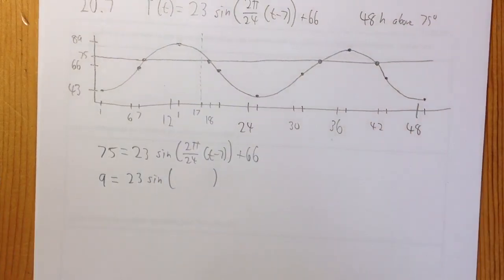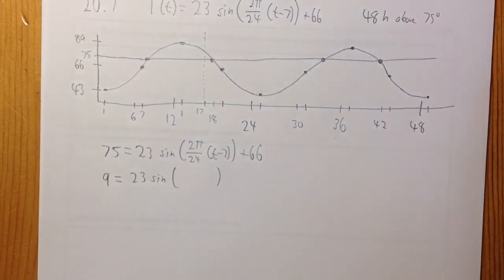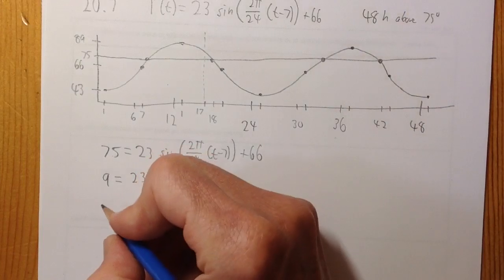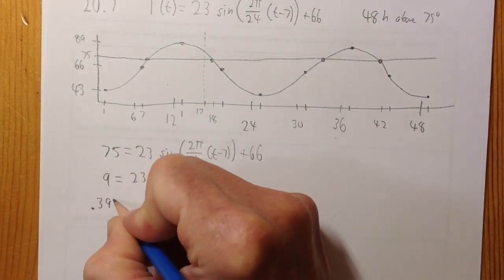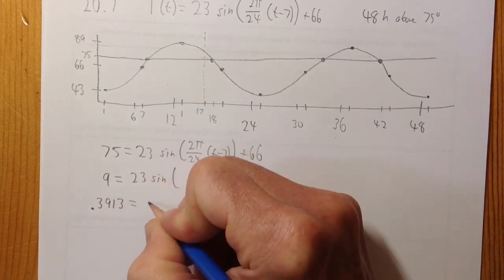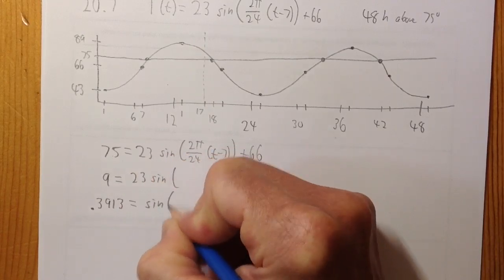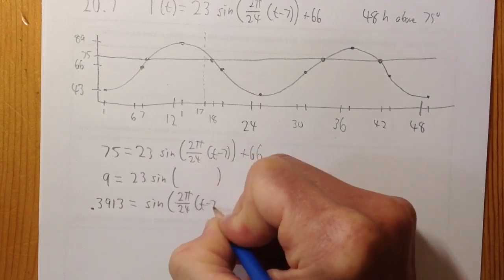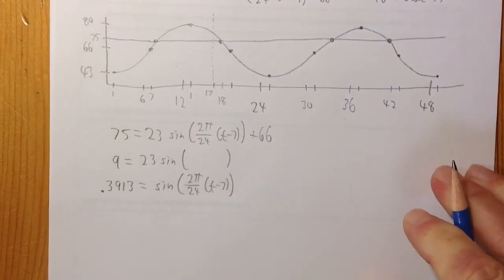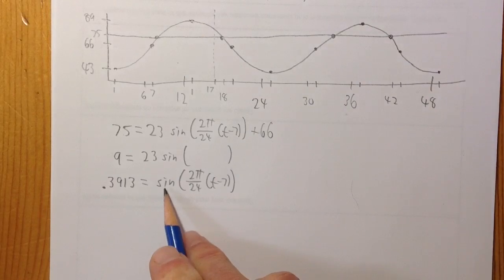So 9 divided by 23 is 0.3913. That's good. So I'll keep those 4 decimal places. 0.3913 equals the sine of, now I'll write it in, 2 pi over 24 times t minus 7. Take the inverse sine of both sides to get rid of this sine.